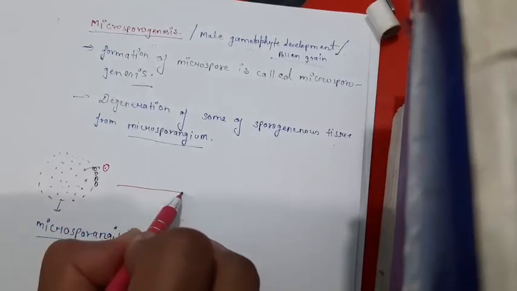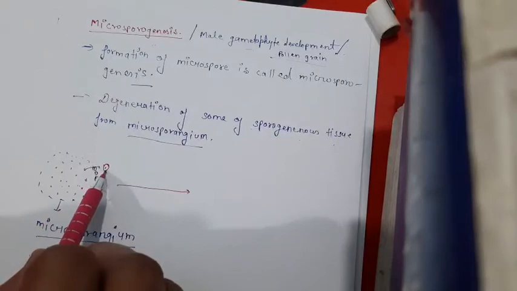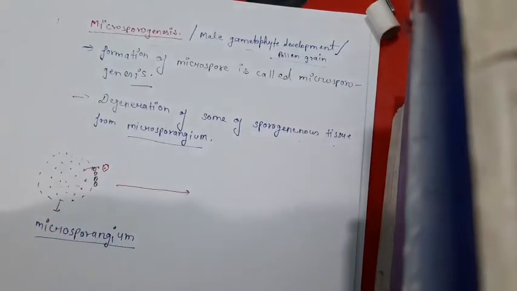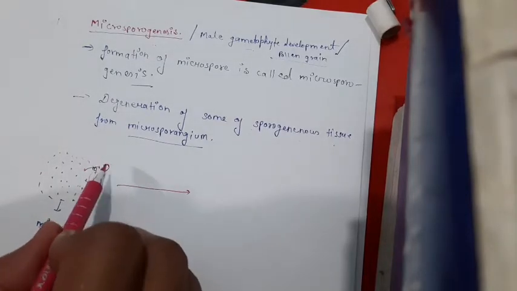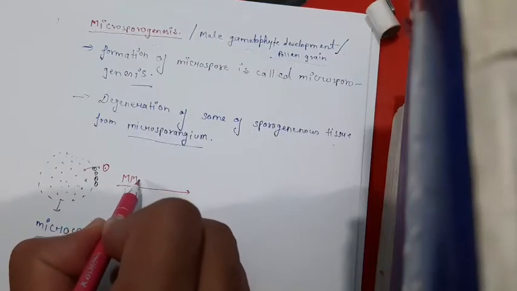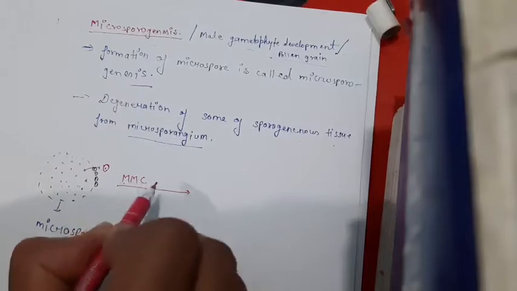In the next step, friends, this sporogenous tissue has the capability to generate 4 microspores, which is known as a microspore tetrad. So this sporogenous tissue is called the microspore mother cell. What is it called? Microspore mother cell.